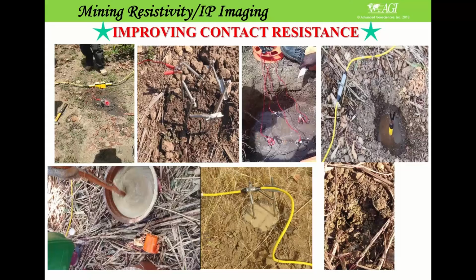Like bentonite solutions, aluminum foil, or more electrodes connected to each other, they get more surface contact in the ground, lowering the contact resistance. When you use these non-porous electrodes, you're not going to use this salty water or bentonite, because those are like a salt.